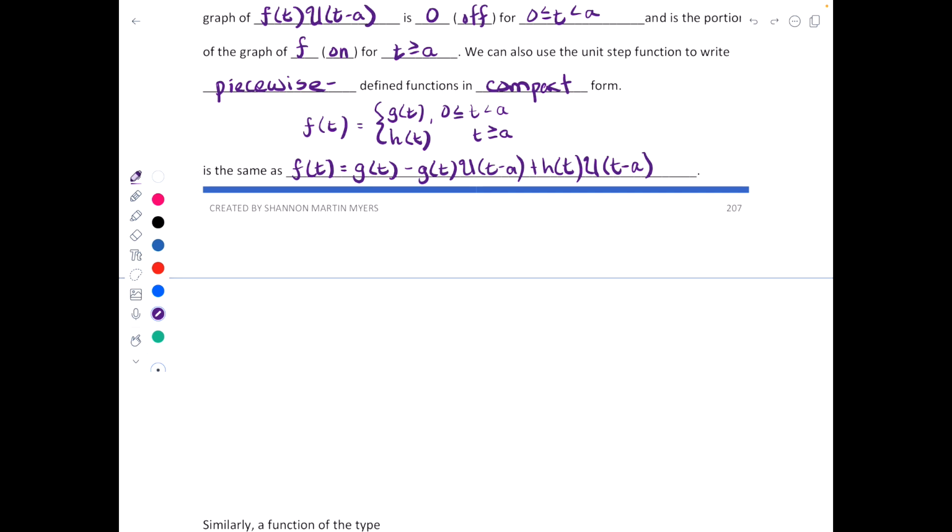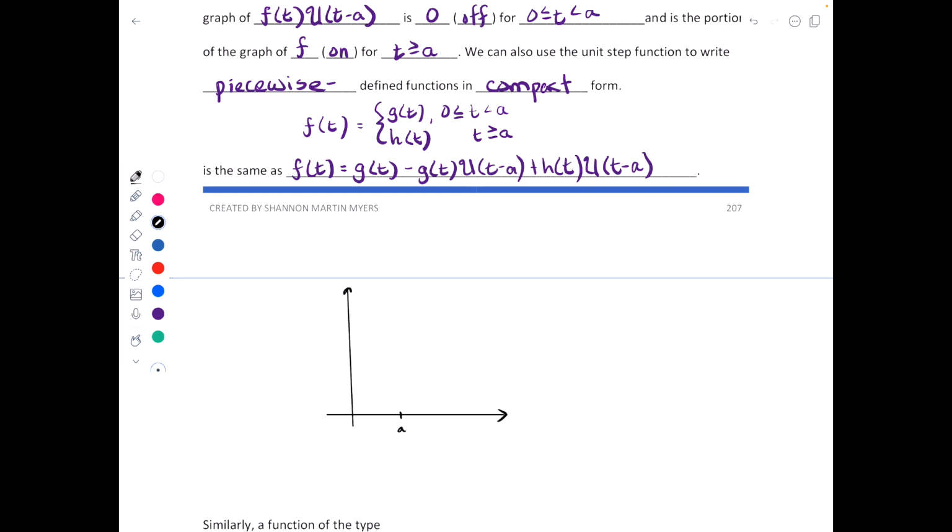So if you think of a picture of that, you could have something like this, where you have that portion of the graph turned off, right? So if this is a, and then you have whatever the graph is turned on after that.